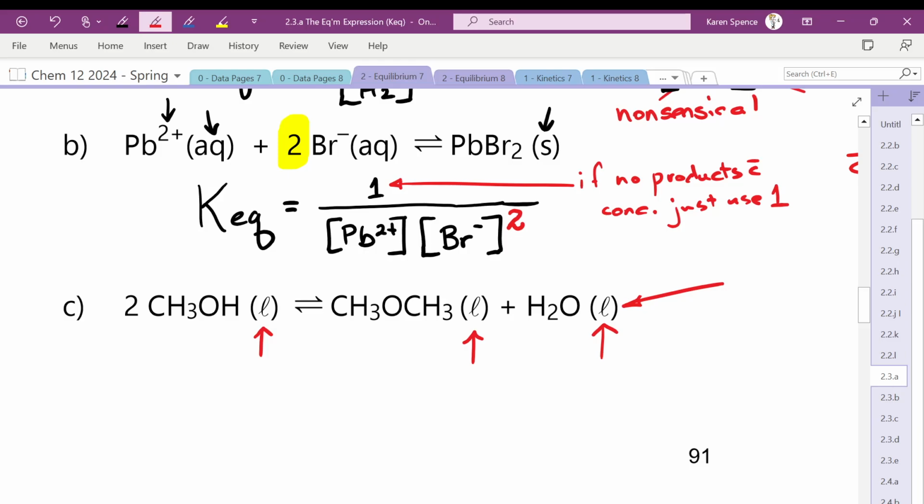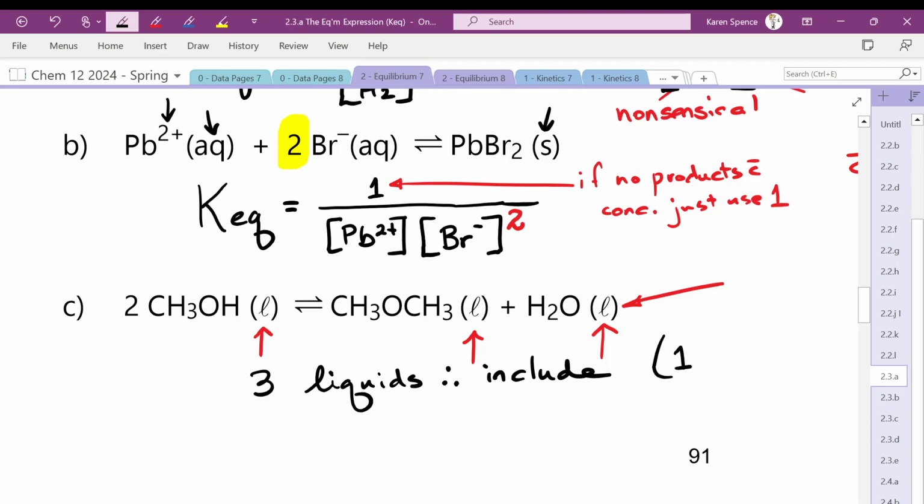We would only need 2, and that would mean we would include them. So KEQ, 3 liquids, therefore include. If it was 1 liquid, do not include. This is probably the last time you'll ever see this, okay?